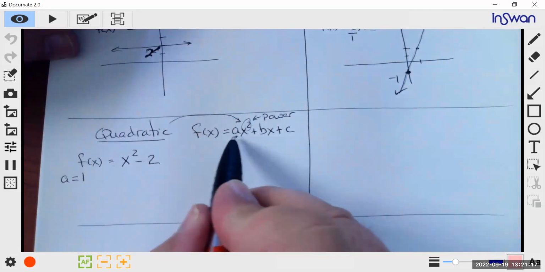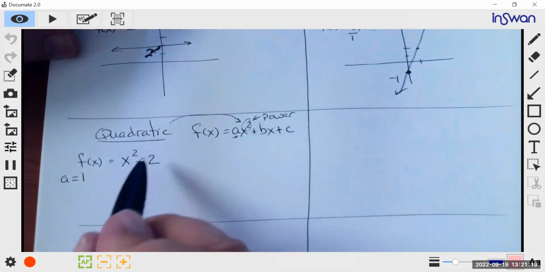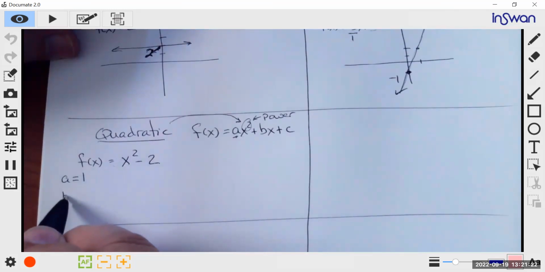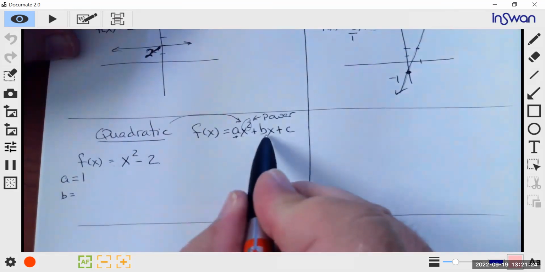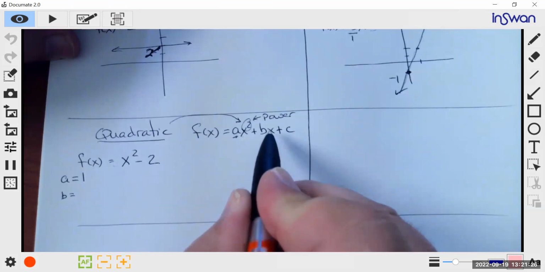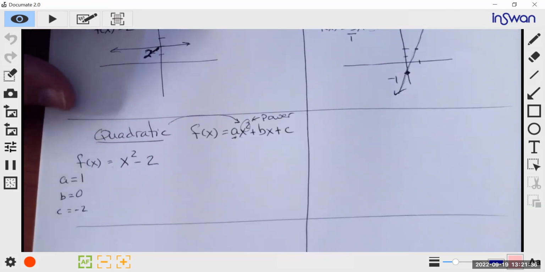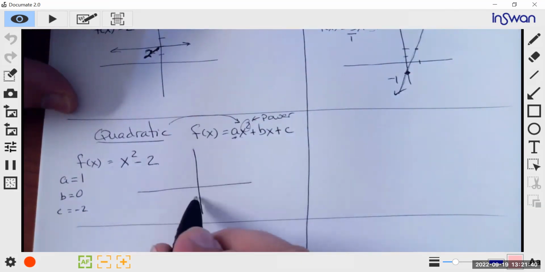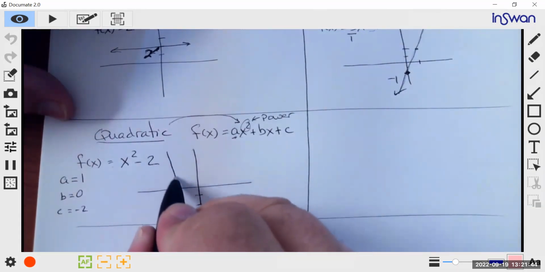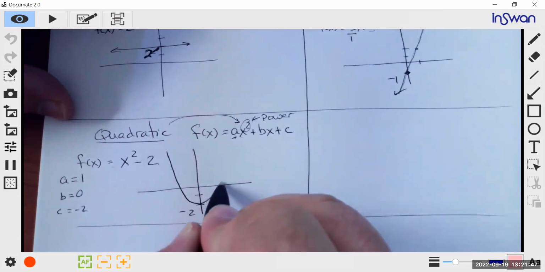A is in front of x squared, so it's a 1. What's B? Well, is there an x value there? So it'll be 0. What's C? C is the constant and it's -2. The graph of this thing will look something like this.